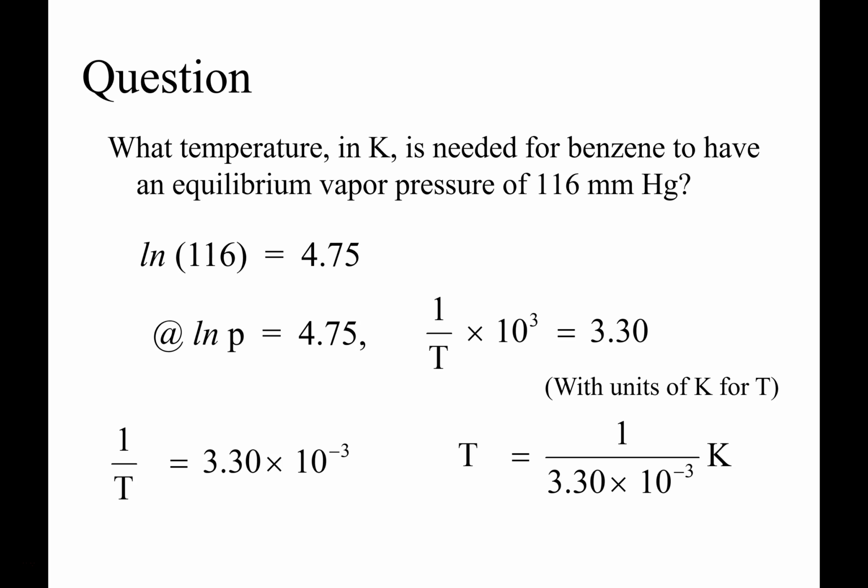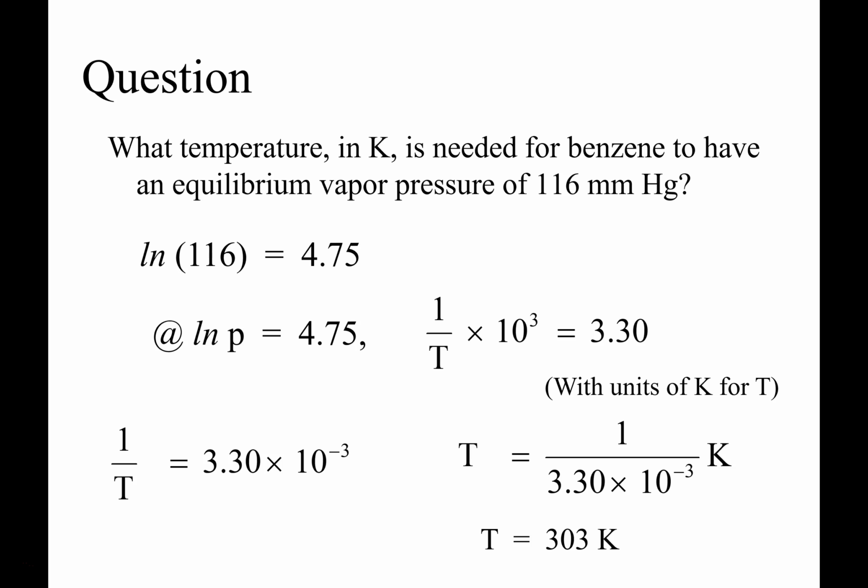So go ahead on your calculators, or just take 1 divided by 0.0033. Okay, you get that. 303 Kelvin. That is the temperature on the Kelvin scale from this Clausius-Clapeyron plot, at which the equilibrium vapor pressure will be 116 millimeters of mercury for the compound benzene.